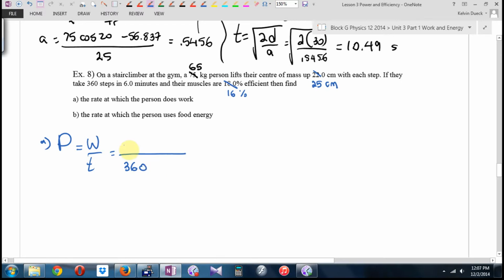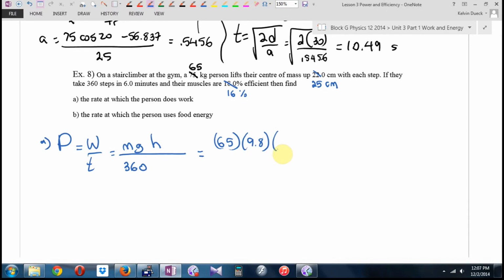Which work, when you use a stair climber, what force are you working against? So it's going to be mgh. That's the work done against gravity. It's going to be 65 times 9.8. Now, what's their total height? Well, what's each step?